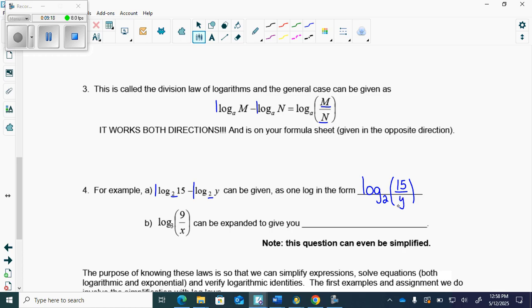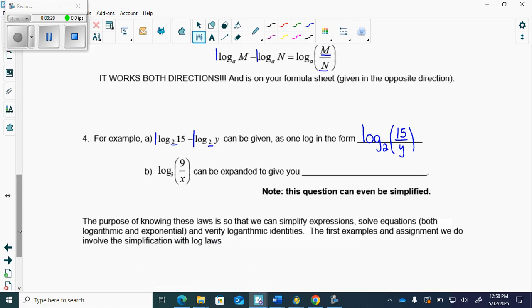Then this one, I have a 9 in the numerator and x in the denominator. Most people are really good with remembering you can put them together, but they're bad with remembering you can separate them. And this one's good to separate because log base 3 of 9 is going to give me an actual answer. So I'm going to get positive 1, technically, you don't have to show the plus 1, I'm doing this to prove a point. Positive 1, log base 3 of 9.